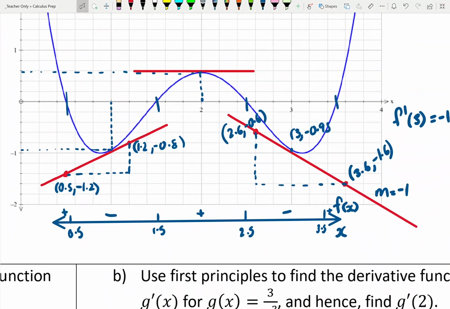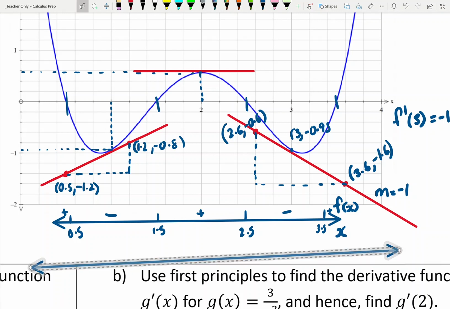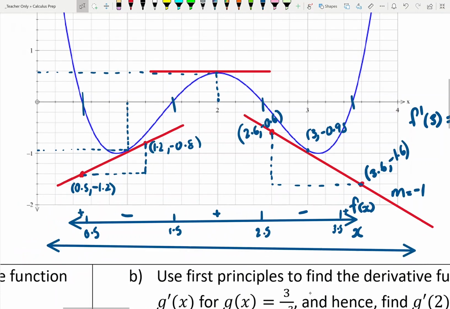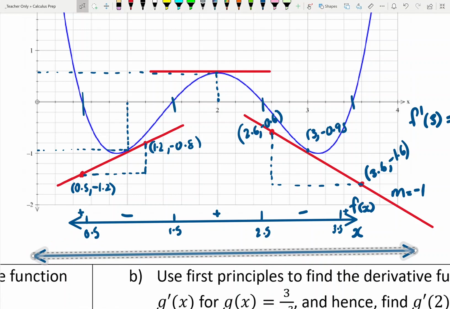Now, the second sign diagram that we can draw is actually a sign diagram for the slope. We're going to do a sign diagram of whether the slope is positive or negative, as in whether it's sloping upwards or downwards. This time we're not considering whether the function is above or below the x-axis. We're considering whether the graph is sloping downwards, like it is in this section here, or whether it is sloping upwards, like it is in this section here.